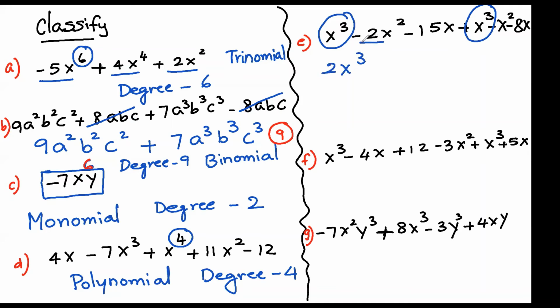Then I also see that there is negative 2x squared and negative x squared. So negative 2x squared minus x squared is going to be negative 3x squared. And I see negative 15x and negative 8x. So negative 15x minus 8x is going to be negative 23x.